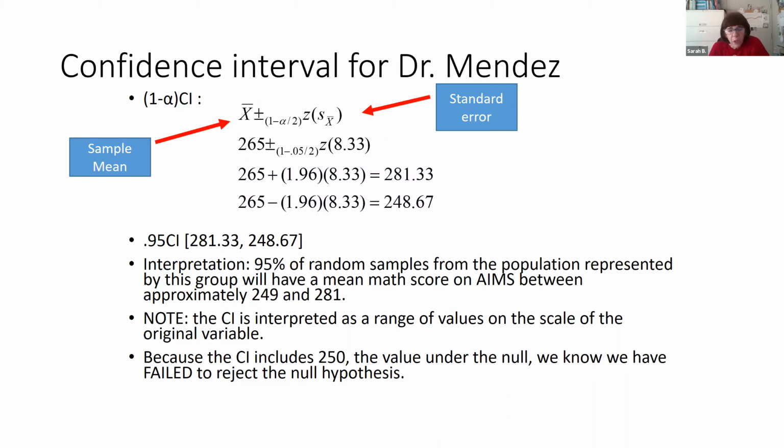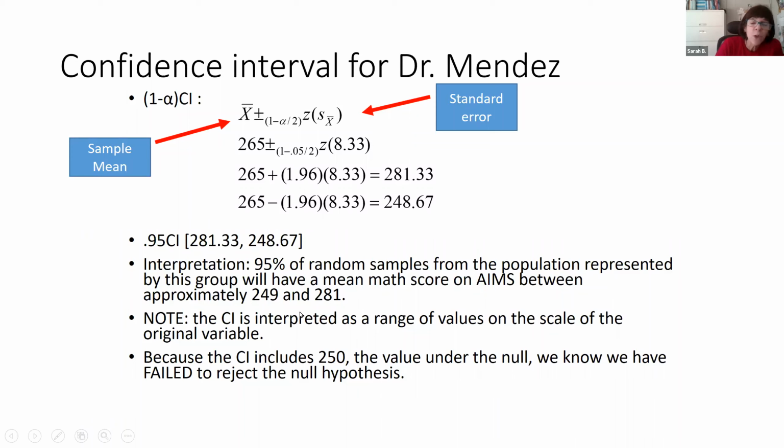If those numbers made sense, then 249 to 281, you'd know something about it. So we know that the standard deviation, I believe, was 50 points. The population mean was 250. So the upper range is 30 points, a little bit more than half a standard deviation, which isn't a great deal above this mean.